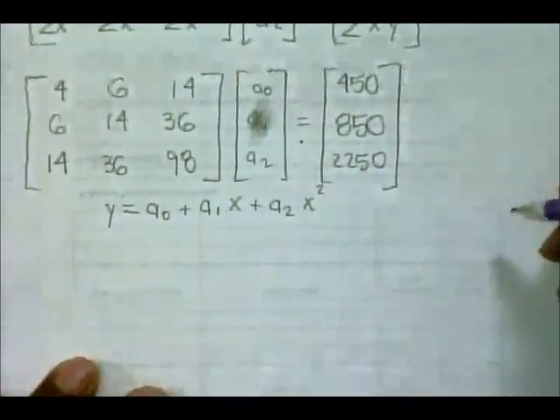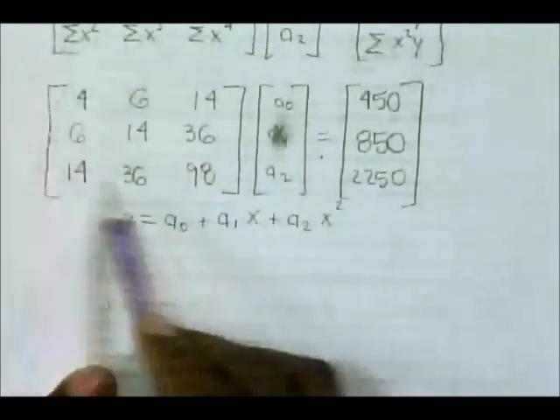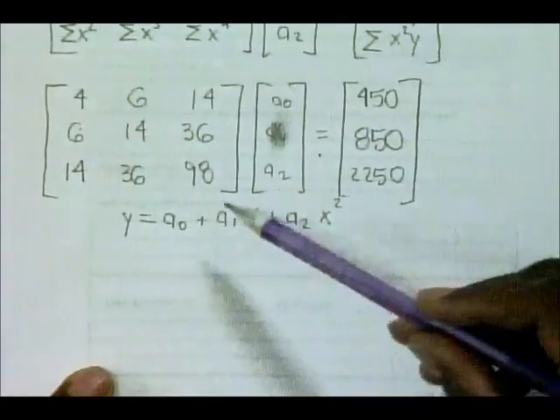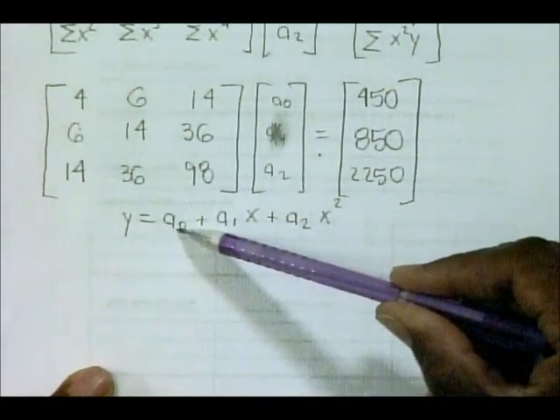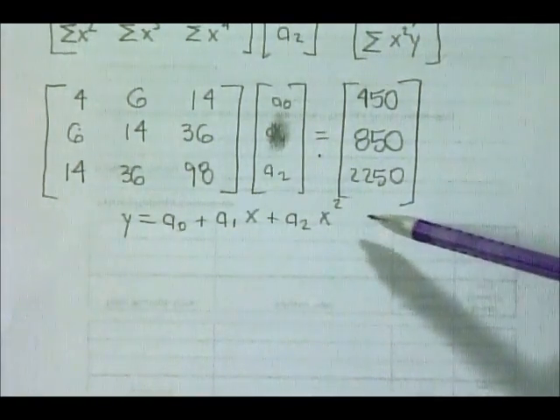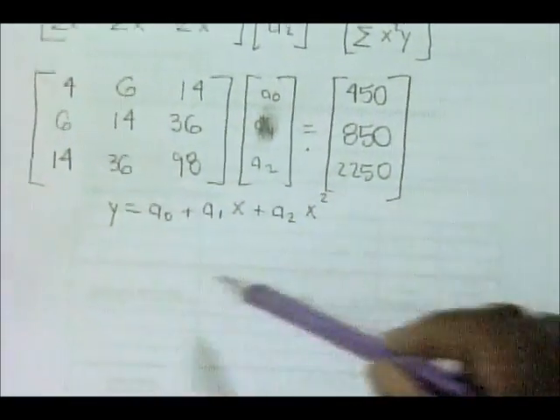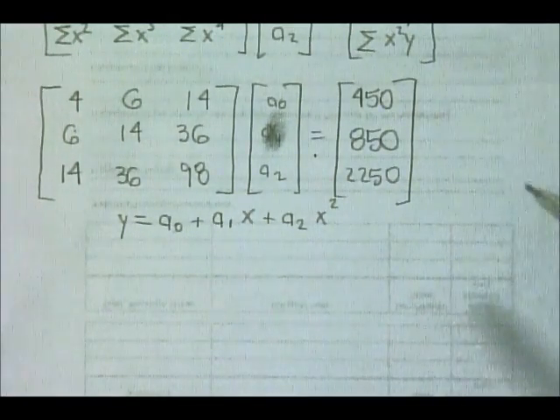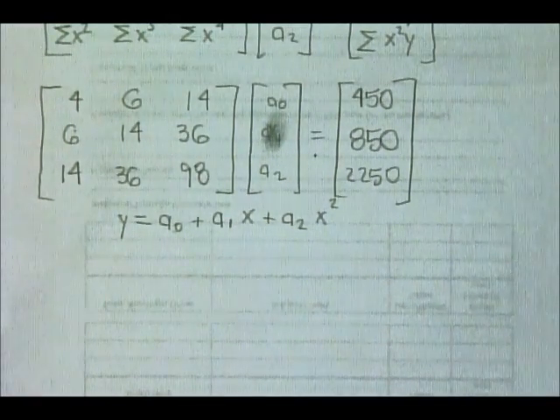So once you are able to solve this matrix equation, you would substitute a sub 0 here, a sub 1 here, a sub 2 here, and you would have the parabola that best represents the data that we were working with that we showed you earlier.